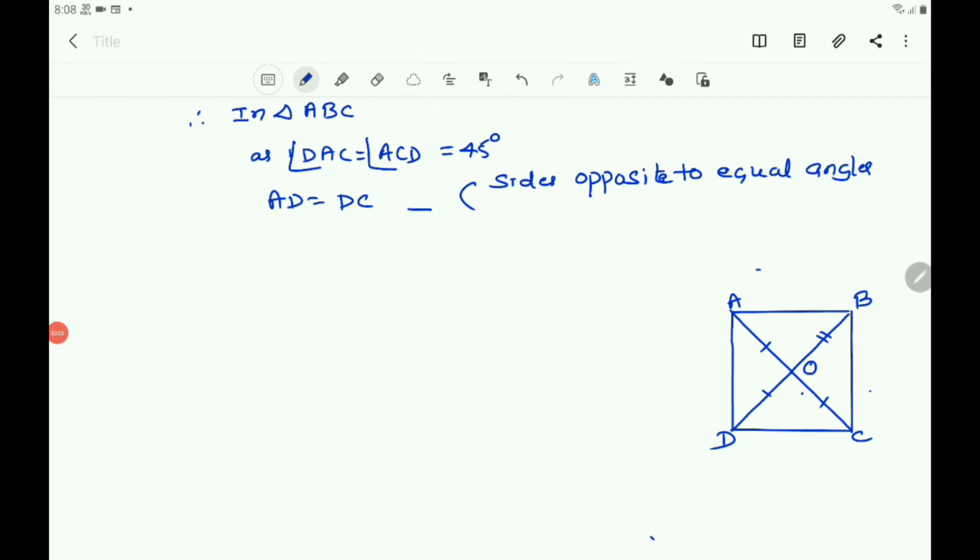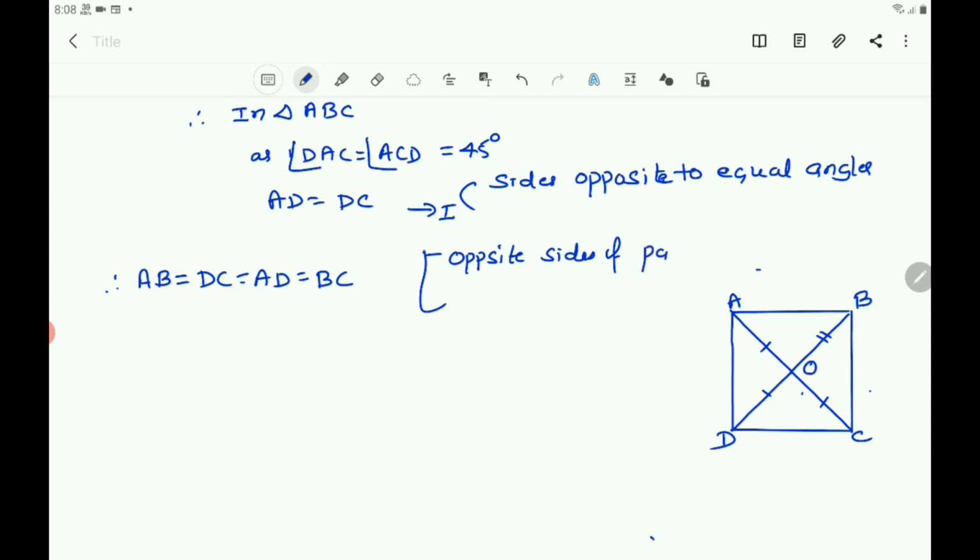Therefore, you can write that AB equals DC equals AD equals BC. You know, opposite sides of a parallelogram, or rectangle, are equal.